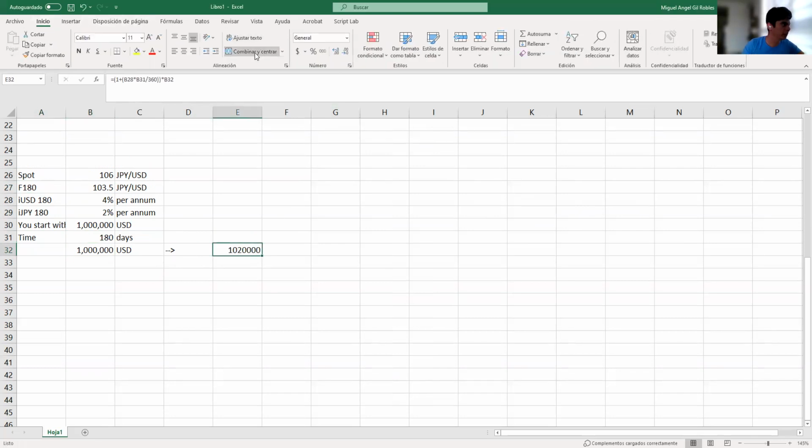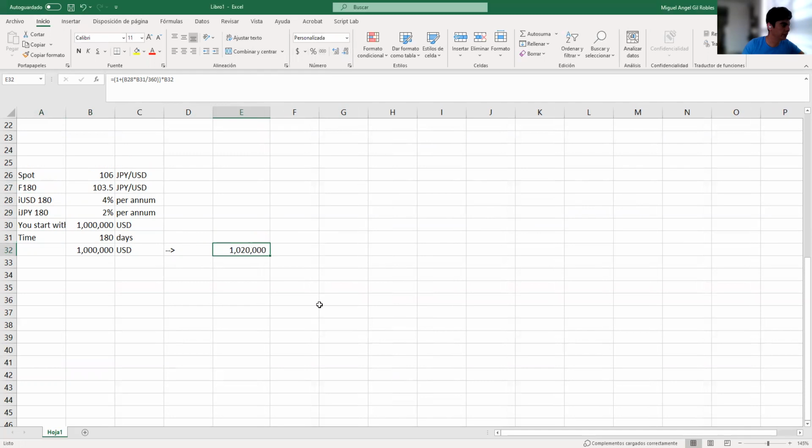So because of that, the final result is 1,020,000, right? $20,000. This is for 180 days. So let's continue with this exercise, and let's see what happens.